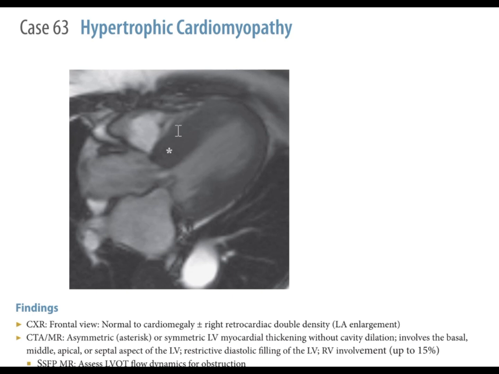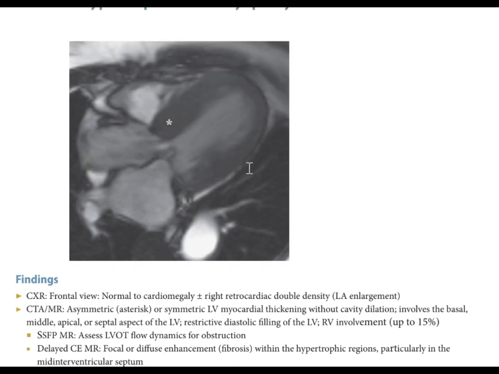So, if the septal portion of the left ventricular wall is thickened, this will lead to obstructive cardiomyopathy type. If the apical portion is thickened, this will lead to non-obstructive cardiomyopathy.